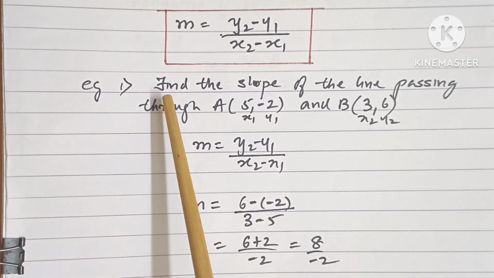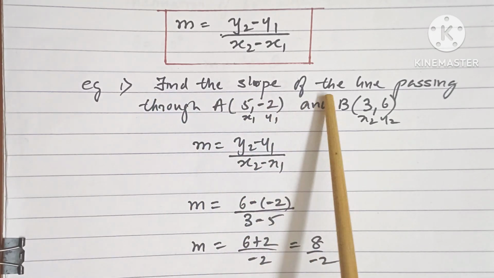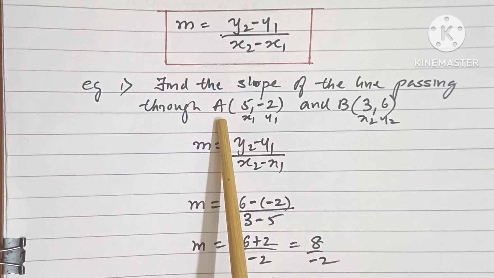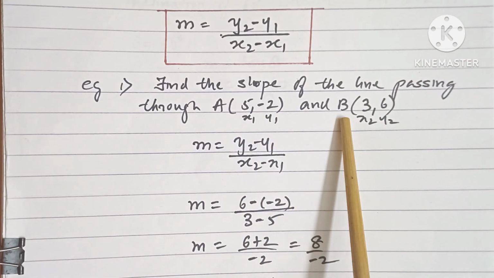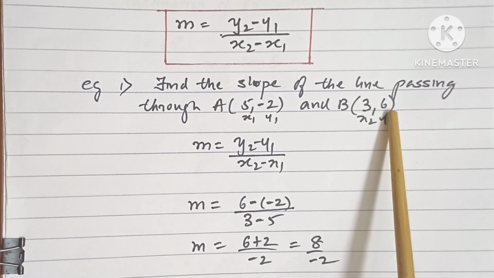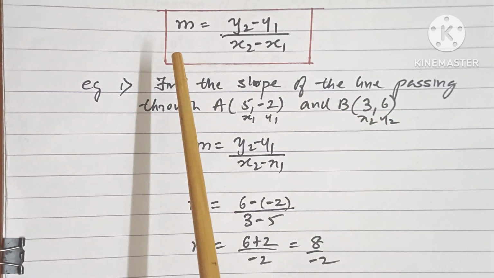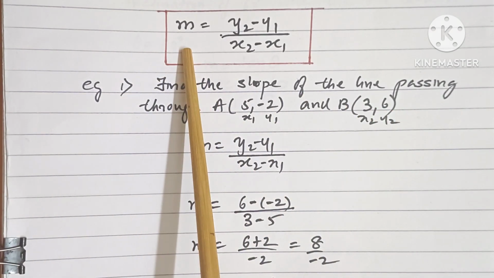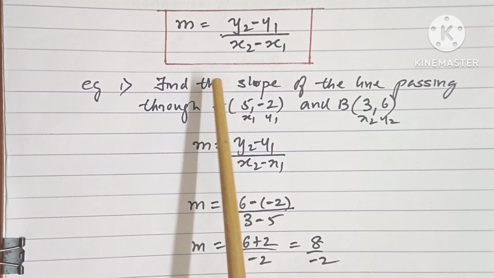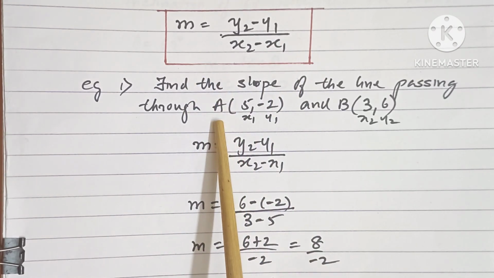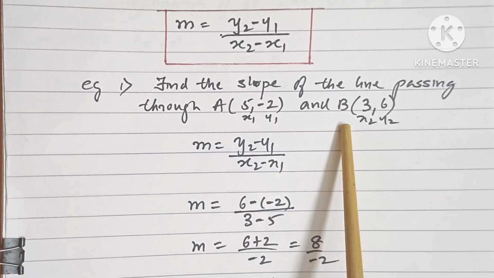Now let's take an example. Find the slope of a line passing through points A having coordinates 5 and minus 2 and point B having coordinates 3 and 6. Now as we know, the formula for slope of the line is m is y2 minus y1 upon x2 minus x1, where x1, y1 are the coordinates of one of the points and x2, y2 are coordinates of the other point.